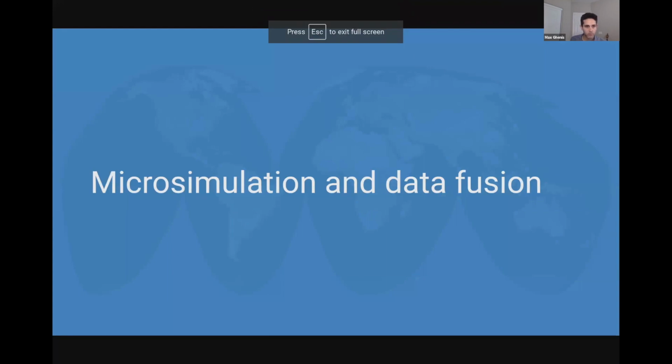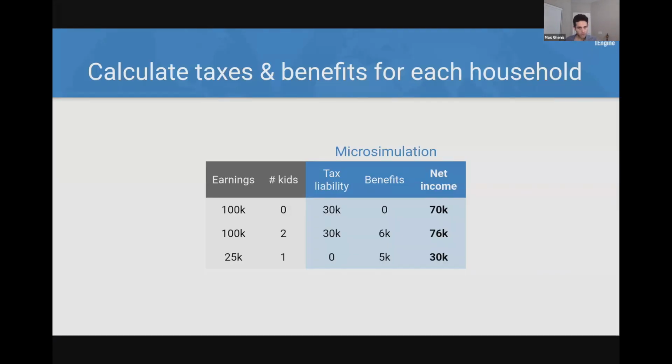I think I'll talk now about what goes into models like these, with microsimulation and data fusion. So the general idea behind the kind of product that we work on, PolicyEngine and similar products, is if you were trying to figure out what is the impact on the poverty rate or the budget or the share of people who come out ahead or behind, you apply a technique called microsimulation, and this involves getting a government survey that's representative of the society, usually with tens of thousands of rows or so.